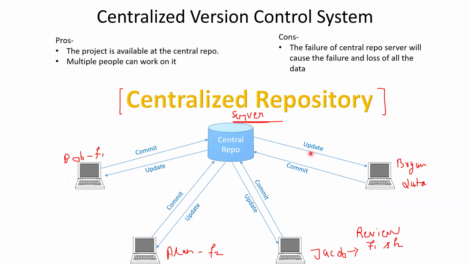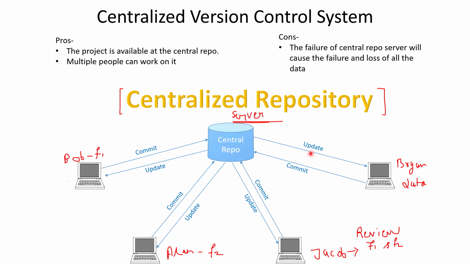The pros are the project is available at the central repo, so you can get whatever you want from it, and multiple people can work on it. The cons are if there is any failure of the central repo server, then we will lose the data. So that's how the central version control system works.